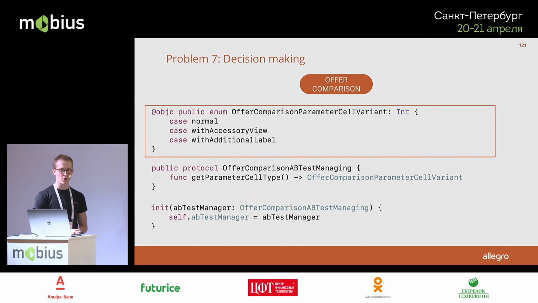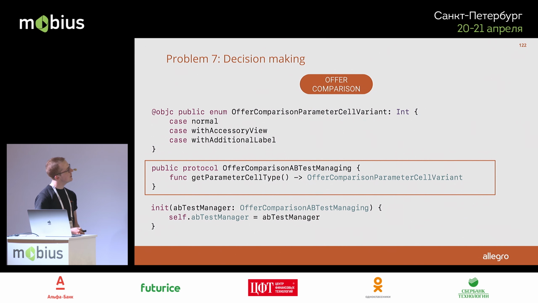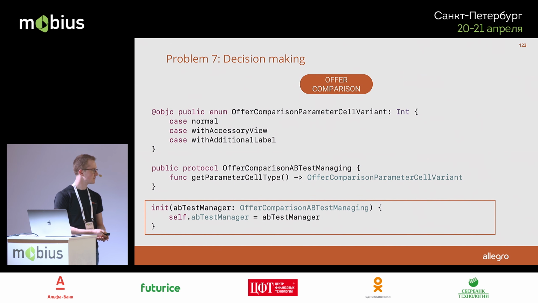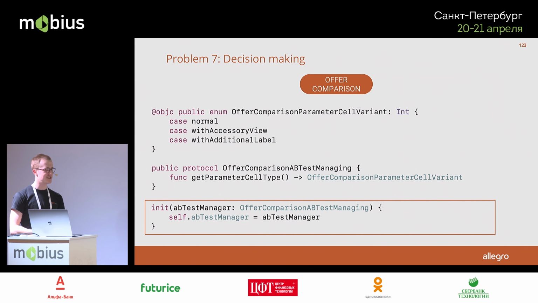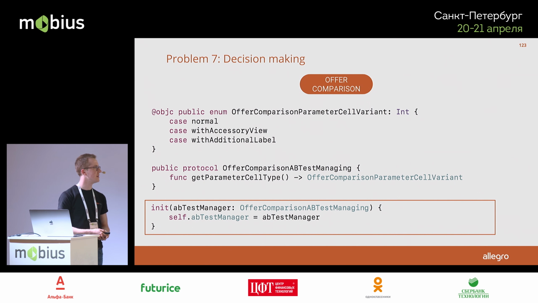So now we are in the offer comparison framework. And firstly, we need to define the types, the variants that we support. So in our example, those are those 3 types. Secondly, we need to define a protocol that will return the desired variant type that we need to present. And somewhere in the offer comparison framework, we have an initializer that accepts an object that implements the offer comparison A/B test managing protocol.